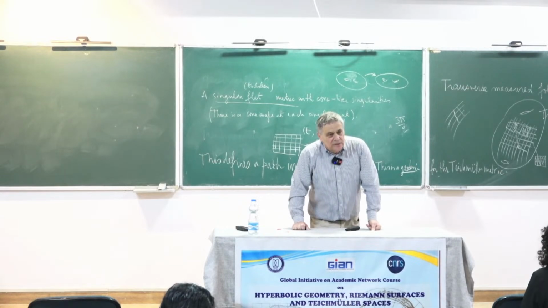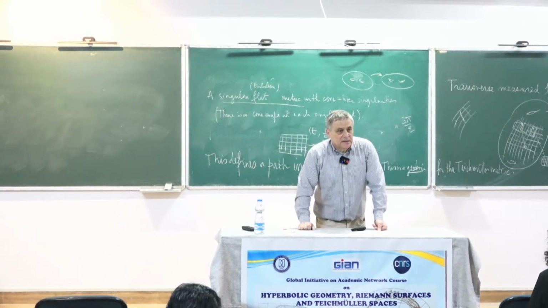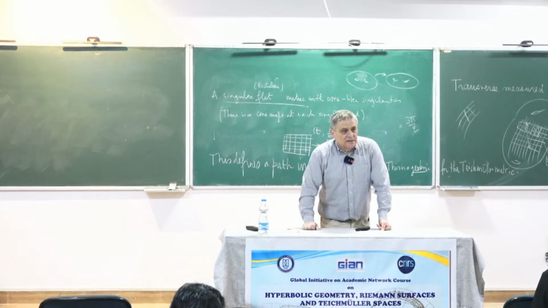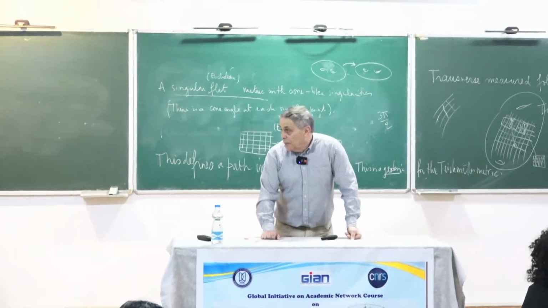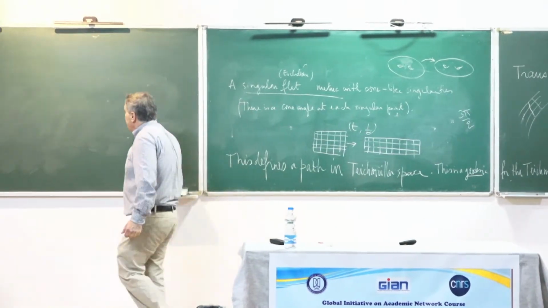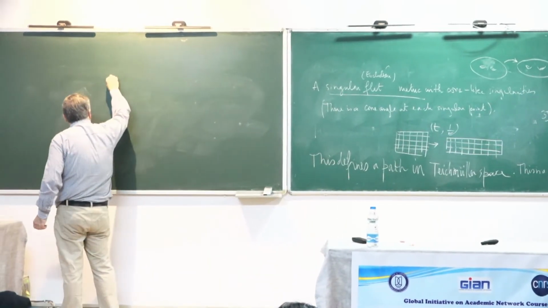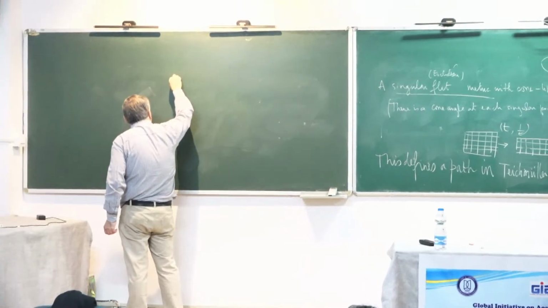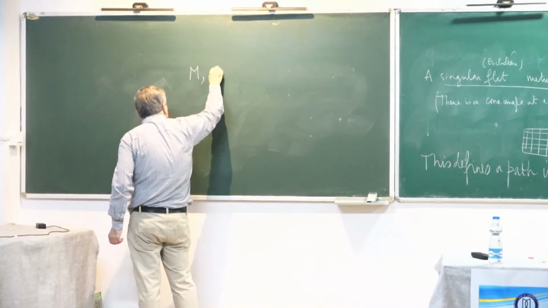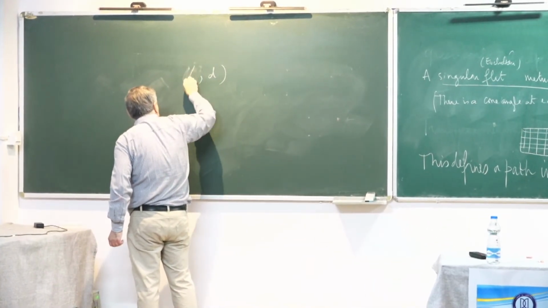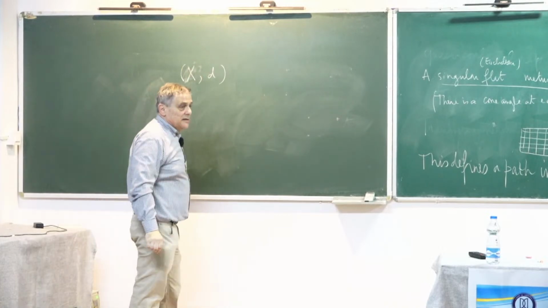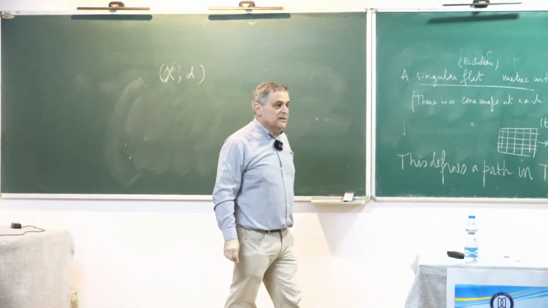Okay, so what is a geodesic? What is a geodesic here? Can somebody have an idea? I want a geodesic, so I just have M with a distance, let's call it X, a metric space, and I have two points in the metric space.